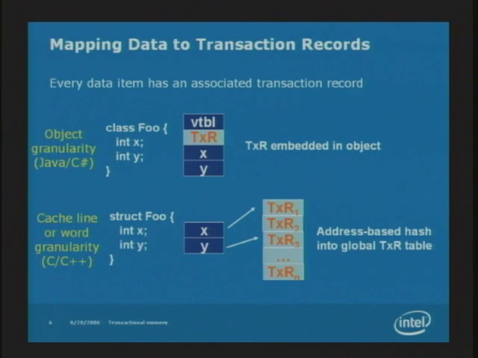Depending on the hashing function, I can get any granularity of conflict detection. For example, if I take the address and mask out the lower 6 bits, or whatever the cache line size is, that gives me cache-line-based conflict detection, because all of the addresses in one cache line get mapped to the same transaction record.